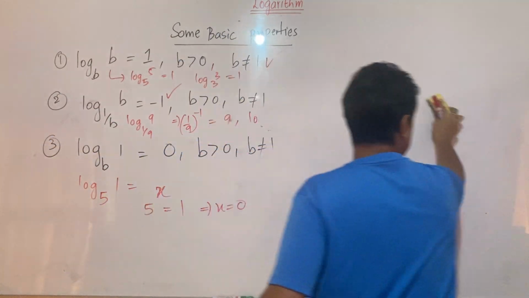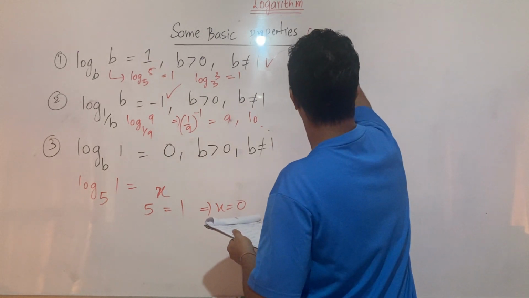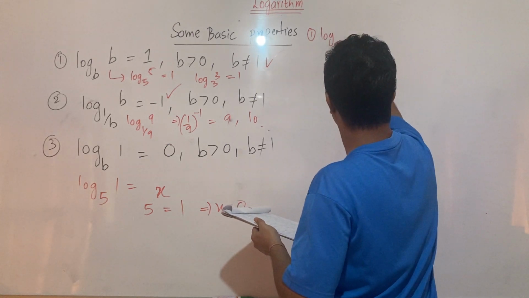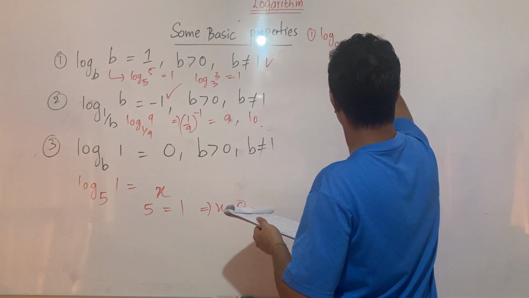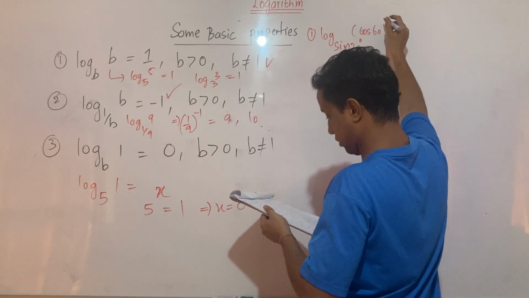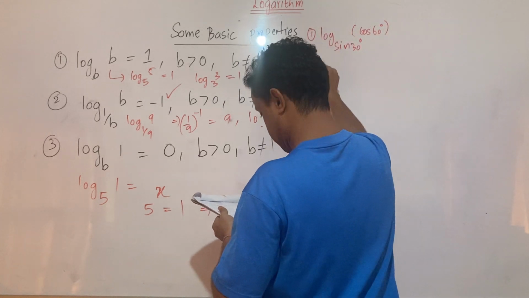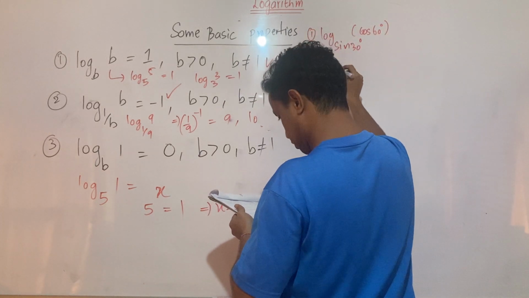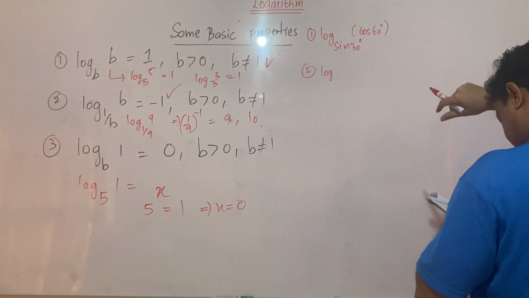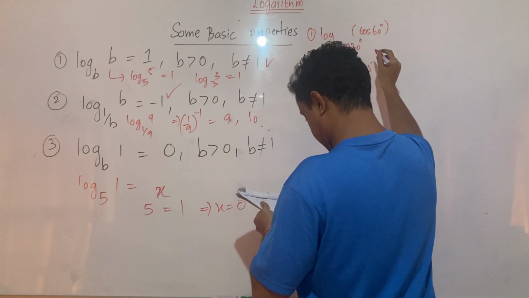Okay, first question is log of sine 30 here cos 60 degree. Okay, second is log 5 of tan 45 degree.